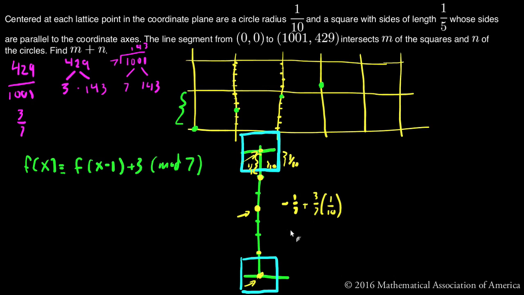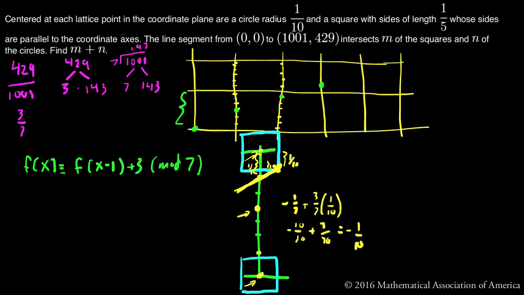That gives 3/70ths, so negative 10/70ths plus 3/70ths, which is negative 7/70, which is negative 1/10, which means it's going to just barely hit this. So if I come in and I'm hitting either the lattice points or any of these 1/7 or 6/7 points, I will barely hit the square.